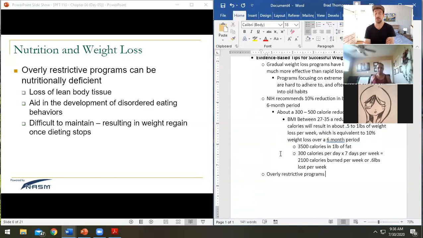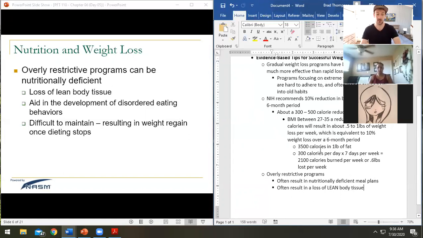That sucks. But now we also have to address the fact that nobody's perfect and nobody can even stick to a super overly restrictive caloric diet. You might be able to stick to it for a little while, but we just do not see that. Overly restrictive programs often result in nutritionally deficient meal plans. They often result in a loss of lean body tissue, so your body gets rid of muscle rather than getting rid of fat.